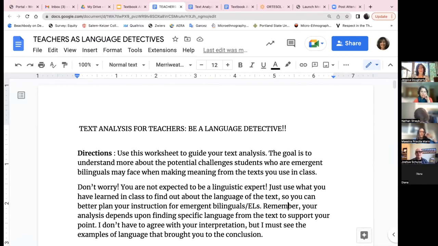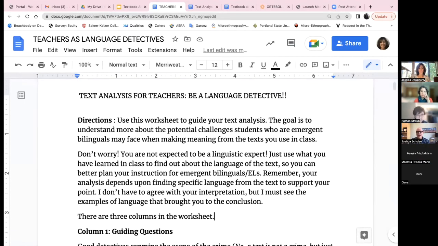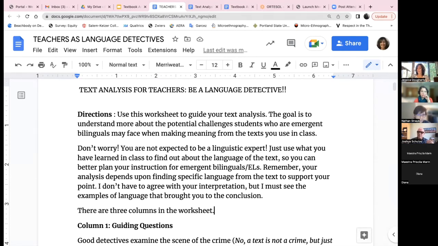represents the second stage of this process of changing this particular assignment. And this particular tool I've been working on for about 4 or 5 years. I'm using systemic functional linguistics to inform the language analysis.